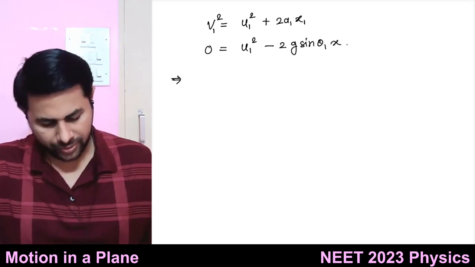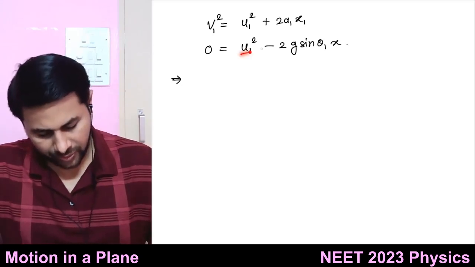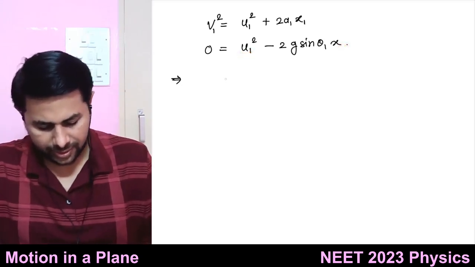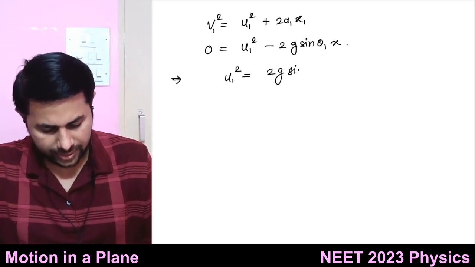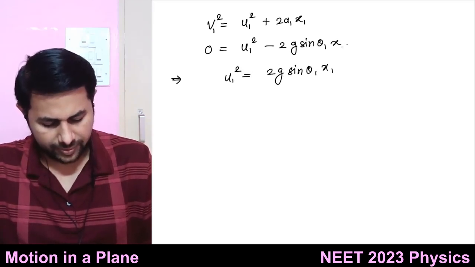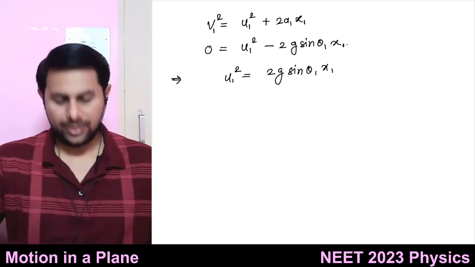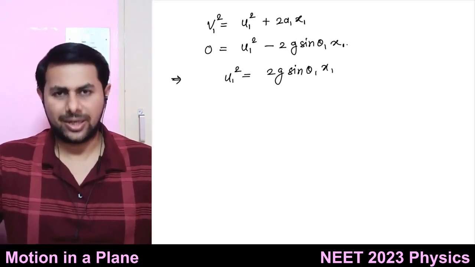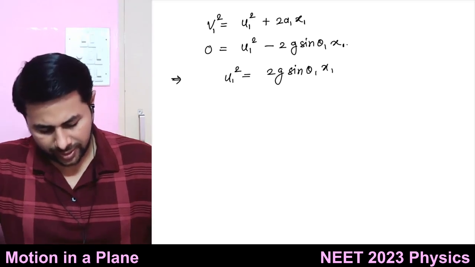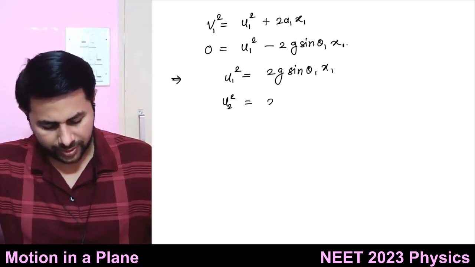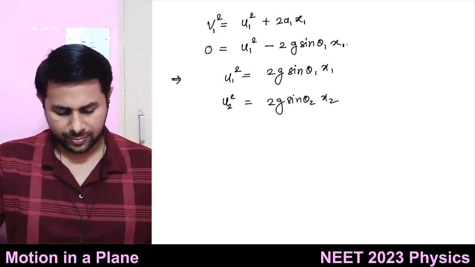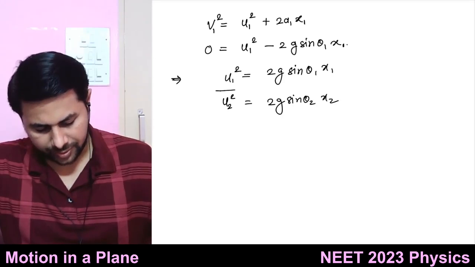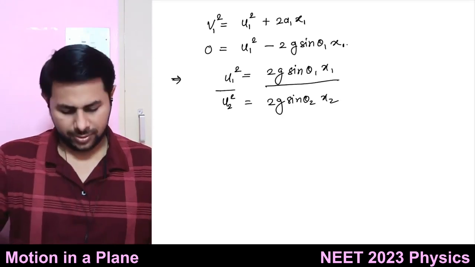Therefore you get the relation between u and x. What is that relation? u1 square is 2 g sin theta 1 x1. The same thing you can do with the second object: u2 square equals 2 g sin theta 2 x2. Then you can take the ratio of these two.